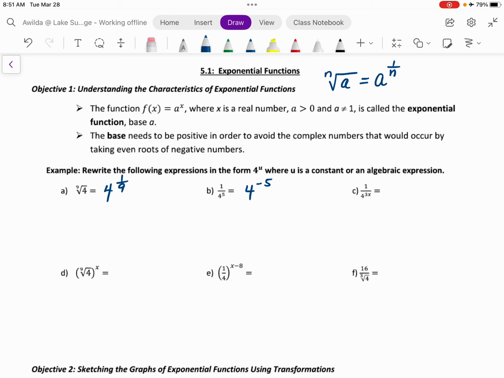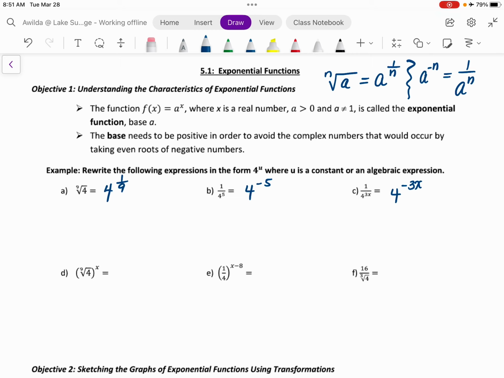And the rule that we're using here is that a to the negative n power is equal to 1 over a to the n. Next, we have 1 over the power 4 to the 3x. Same rule, we'll write this as 4 to the negative 3x power.